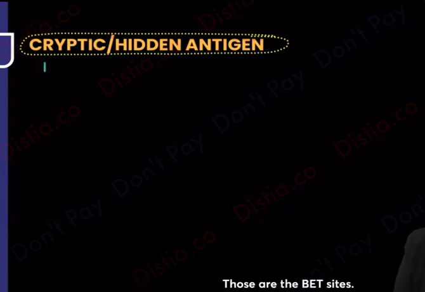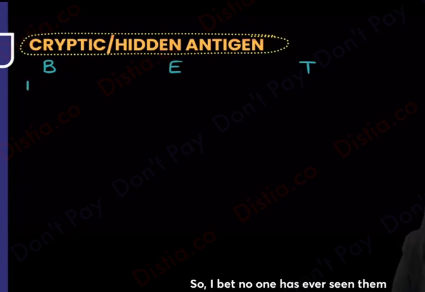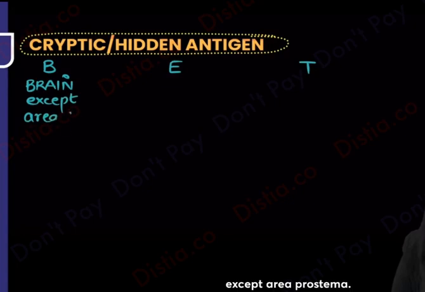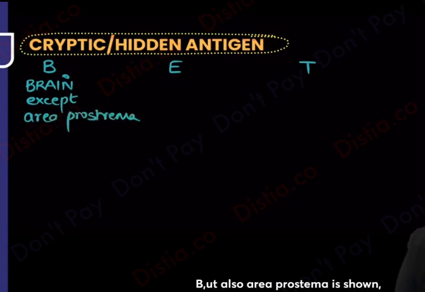What are those sites? Those are the bet sites. I bet no one has ever seen them. So I bet no one has ever seen them means there's the brain antigens, except area postrema. Except area postrema, but also area postrema is shown, but other brain antigens are not shown. Second is going to be the eyes.